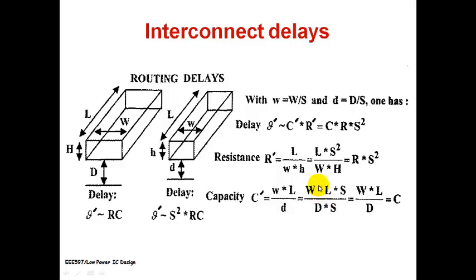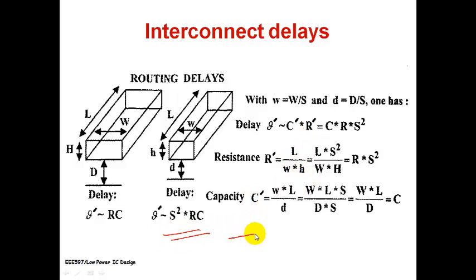The W is going to be W by S, L remains the same, D is going to be D by S, and therefore the capacitance remains the same. The resistance is increased by S square, capacitance remains the same, and therefore the time constant in comparison with the previous case would be S square times RC. Now we have a problem.